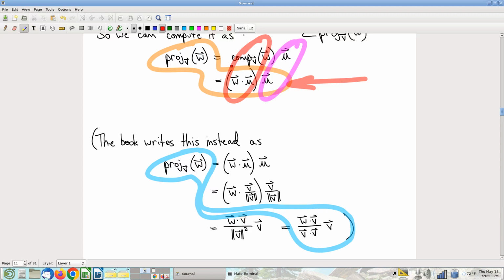The formula above more readily connects to ideas that we can see geometrically. I can remember that formula because, again, I don't do formulas. I do ideas, right? I see the ideas in the orange formula. I remember the orange formula. I do not remember, and I don't trust myself to remember, this formula down here in blue. So anyway, they're both true. I think the orange one is better for what I think Math 219's purposes are. Okay. All right.